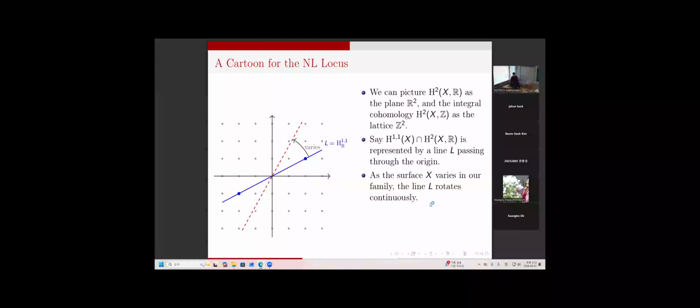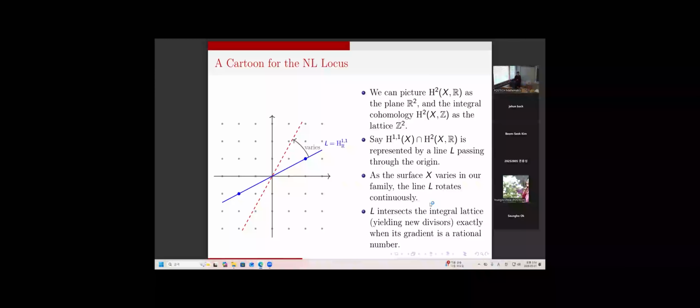So locally, as you vary your x, the lattice stays the same and your line L will rotate continuously. Then the question is, when does L intersect the lattice? From the picture, it is clear that the answer is precisely when your gradient is a rational number.